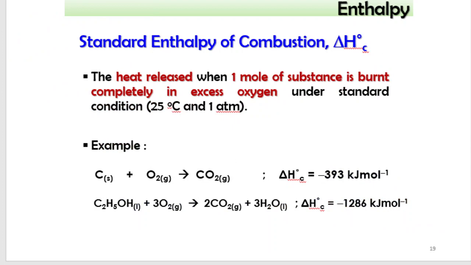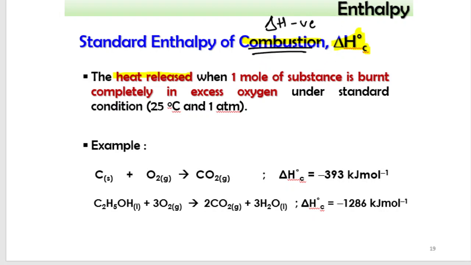Alright, so now let's have a look at standard enthalpy of combustion. Okay, delta H. Okay, kalau standard ada bulat kecil ni, degree. And your C for combustion. Right? So, definition dekat sini, tengok. Look carefully, it is heat release. So, maksudnya apa? All combustion, okay, dia akan delta H negative for all reaction yang melibatkan combustion.